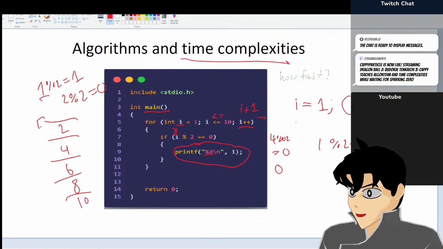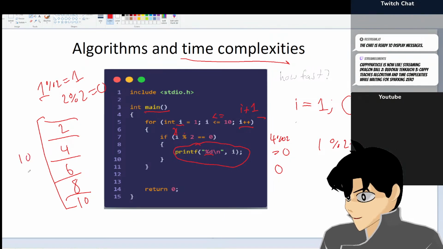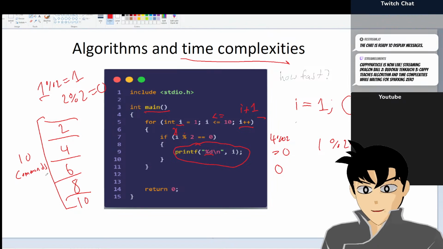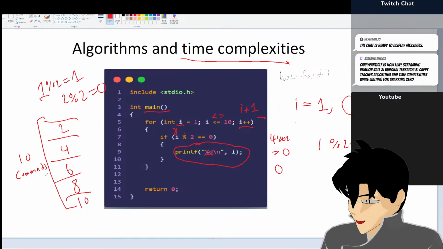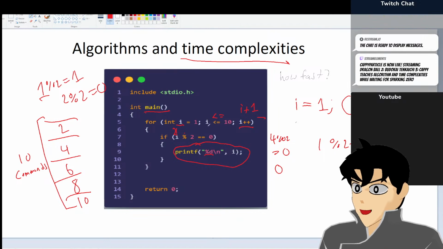So overall, it did 10 commands. We got 10 of them. And then we check here that i is less than or equal to 10.